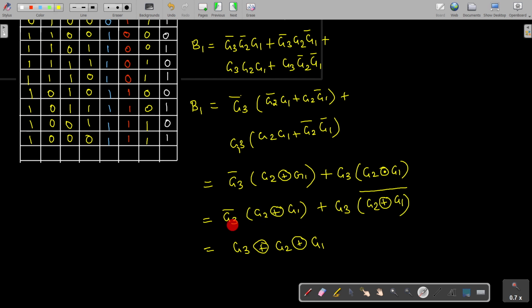So here it is G3 bar into G2 exclusive OR with G1 plus G3 into G2 exclusive OR G1, the whole bar. Okay, so if you take this as A bar B, this is again plus A B bar, like that we got. That means the answer is exclusive OR function, isn't it? So here it is G3 exclusive OR with G2 and G1.